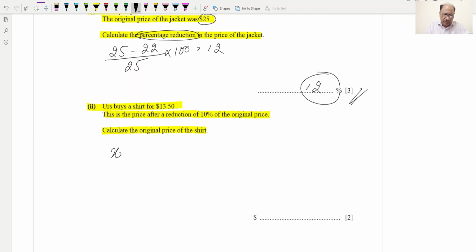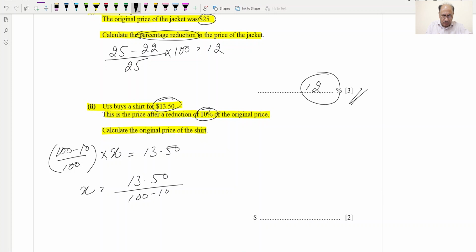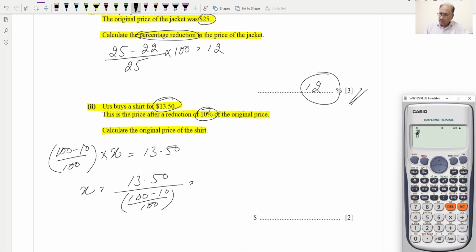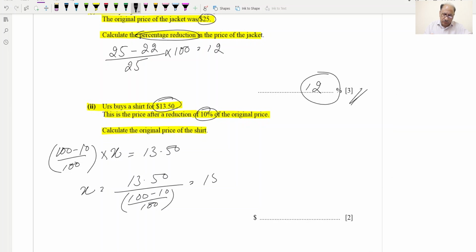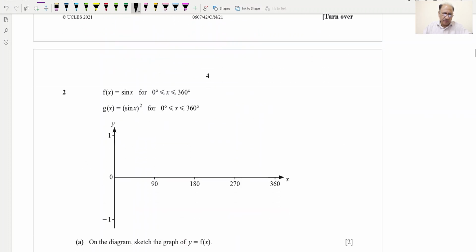Let the original price be X, and the 10% reduction means (100 minus 10) over 100, multiplied by X is equal to 13.50. So X will be equal to 13.50 divided by (100 minus 10) over 100, and this is equal to 15. So the original price was $15. This is a 2 mark question which we have done.